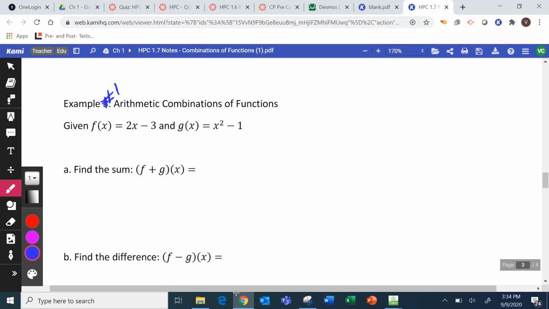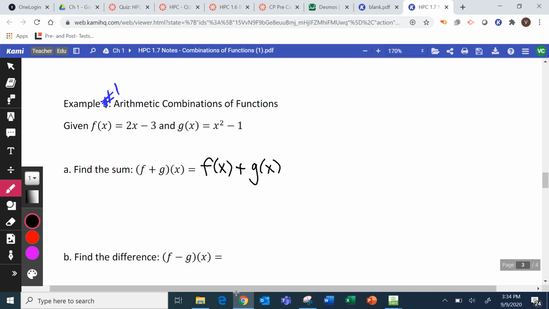So we're given f of x is 2x minus 3, and we're given g of x equals x squared minus 1. The first thing we're going to do is find the sum. It's going to look like f plus g of x. Well, that means we're going to take f of x and add g of x.